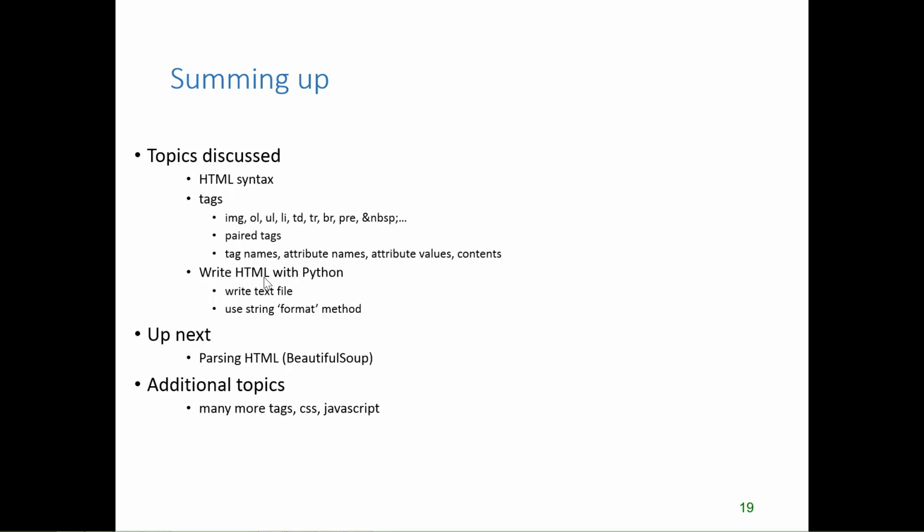Parsing just means pull apart and look at the pieces. We'll use a package called Beautiful Soup. And there are, of course, other topics that we're not touching on with HTML. Just the tip of the iceberg is what we've hit today. And of course, there's lots of interesting things to do with CSS and JavaScript. I hope this lesson whet your appetite to learn more about how Python can interact with markup languages.